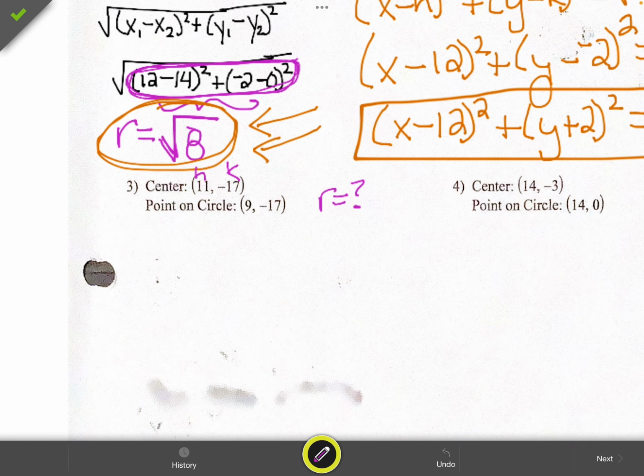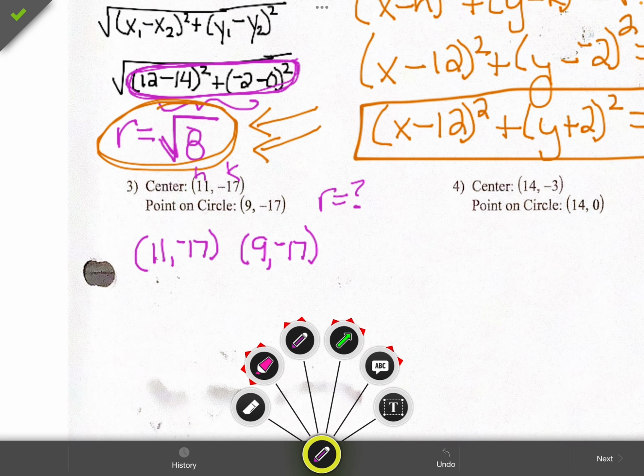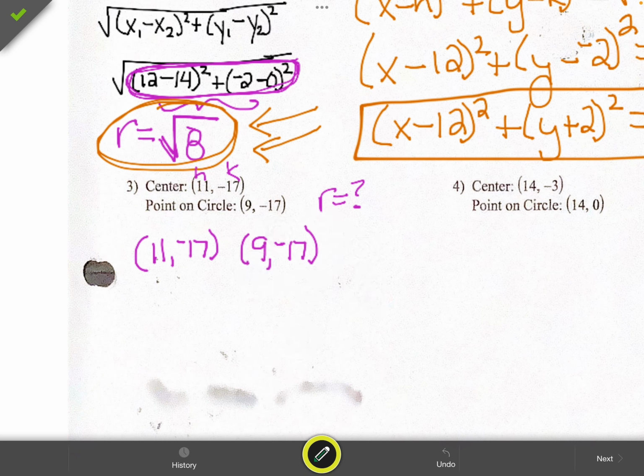And again, a lot of you are probably going to want to write your 2 points so you can label them. Because again, this is just taking your time, making sure you're not rushing. So this is my first x, this is my first y, this is my second x value, this is my second y value. And now we're going to put it into the distance formula.